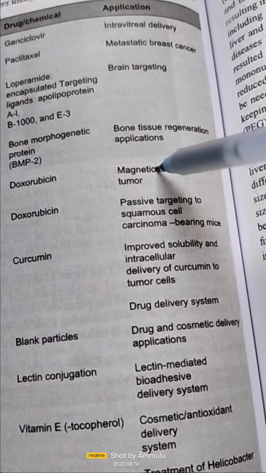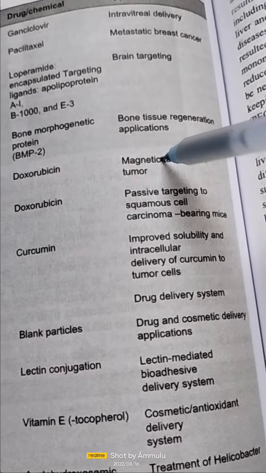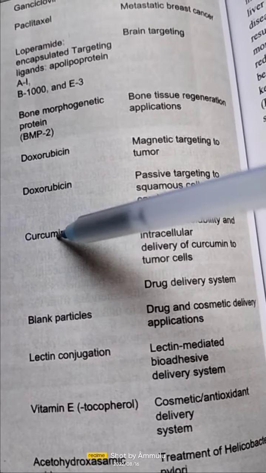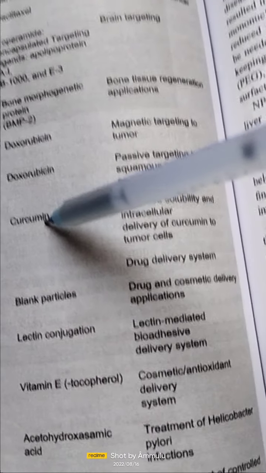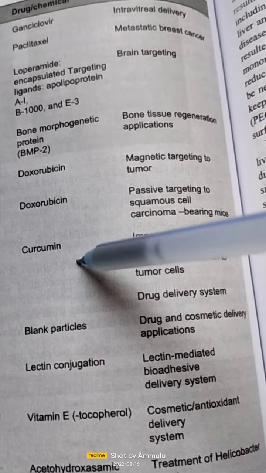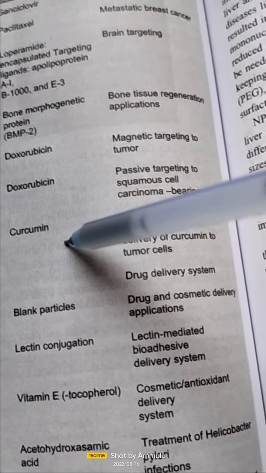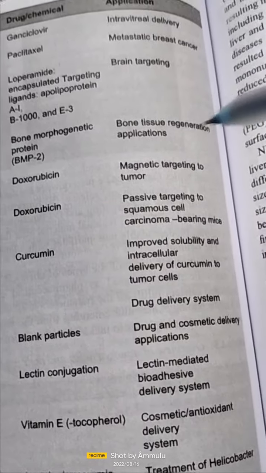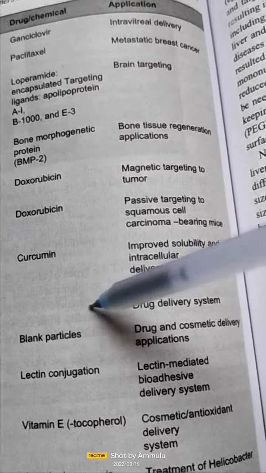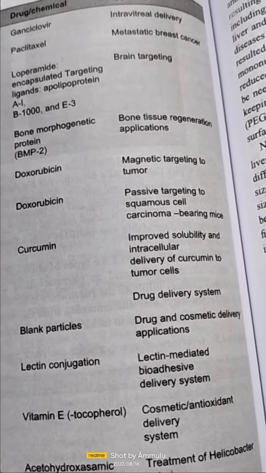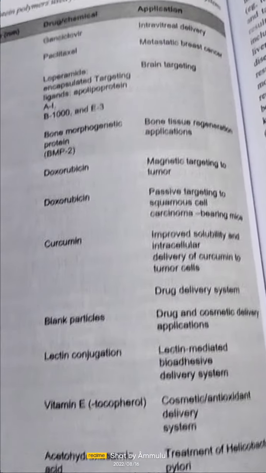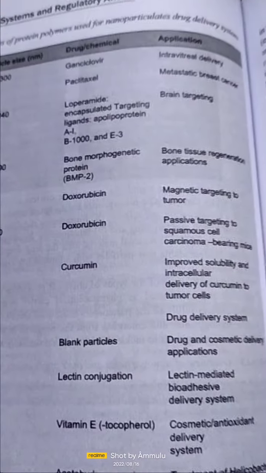And curcumin drug has a particle size below or above 200 nanometers, and it binds to the casein, and casein we can mainly see in milk. Improved solubility and intracellular delivery of curcumin to tumor cells, mostly used for cancer therapies.